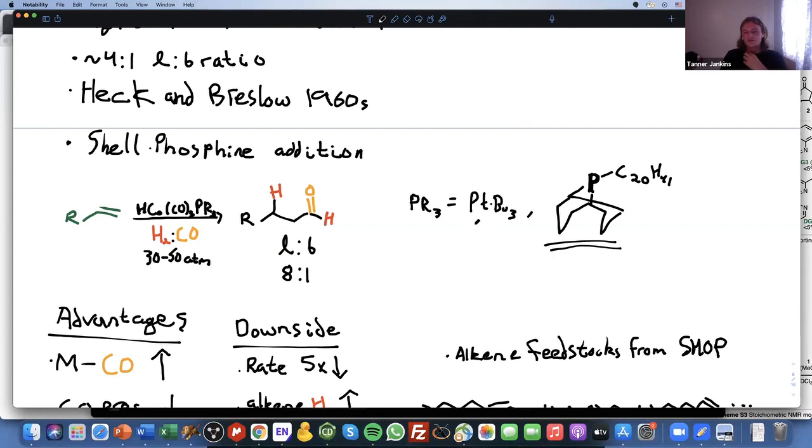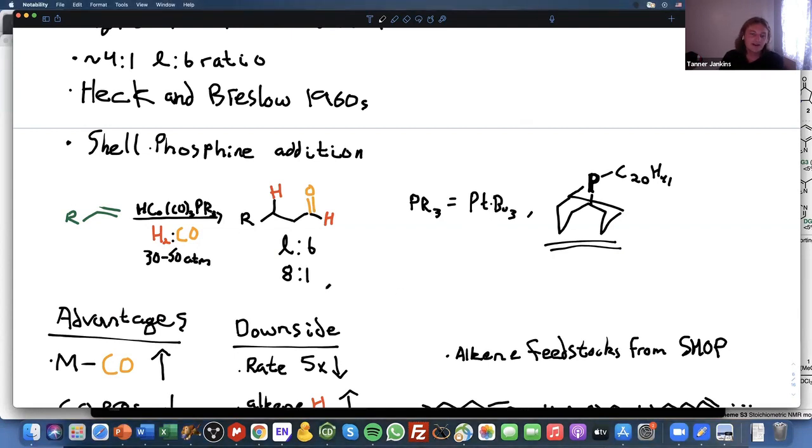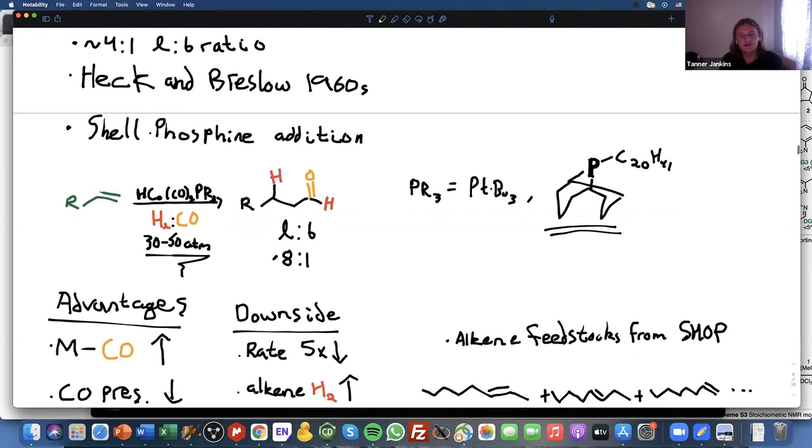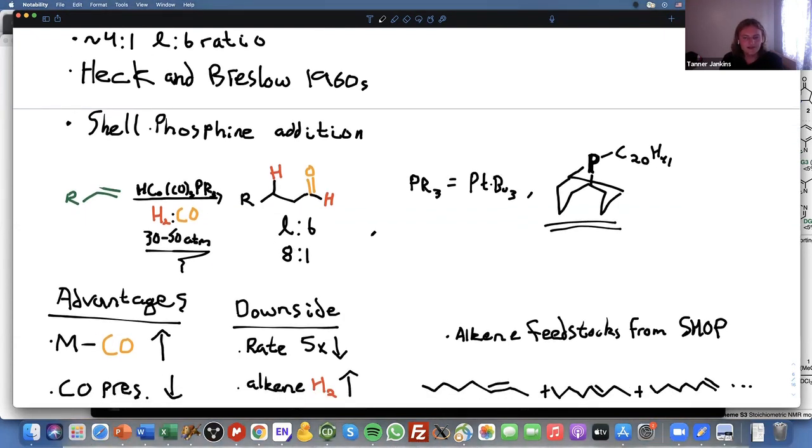And so they first found the use of tri-tert-butylphosphine. They have a higher linear to branched ratio at something that is a more realistic pressure. Unfortunately, this process has a variety of advantages and disadvantages.